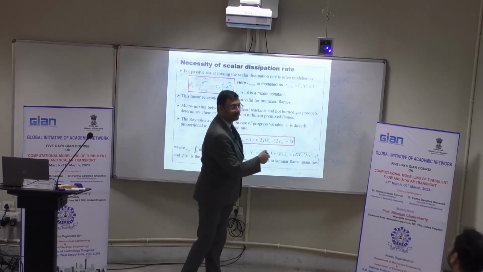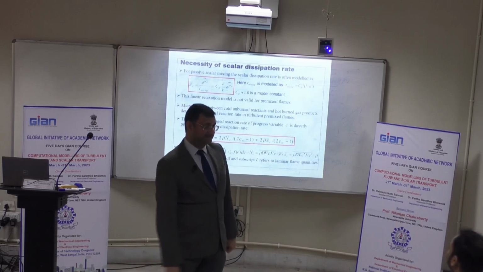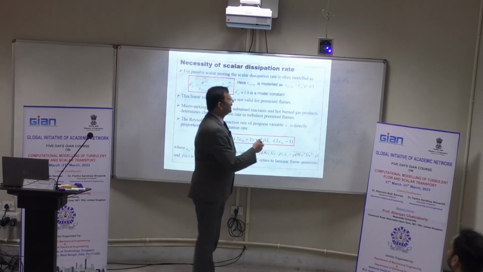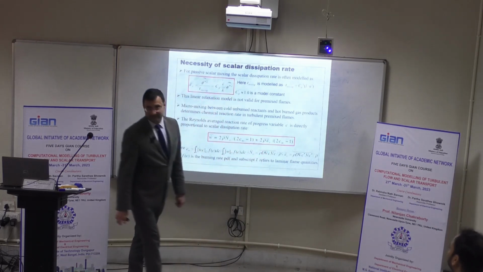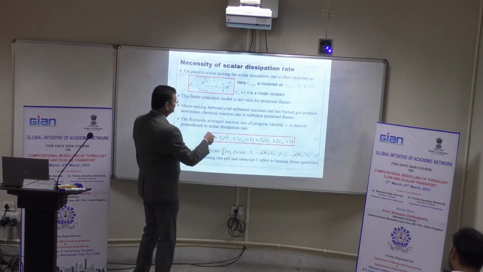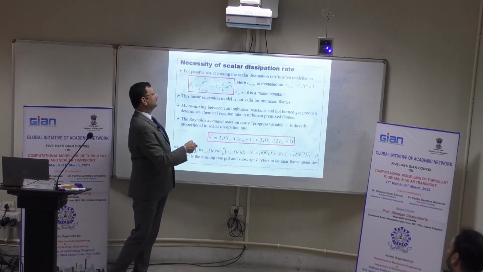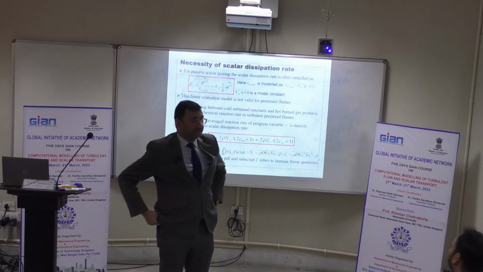L over U prime, once again, is any turnover time. If I write L over U prime in terms of K and epsilon, I will get K over epsilon. Clear? And that effectively is this model, where C5 is a model parameter generally taken of the order of unity. Okay?